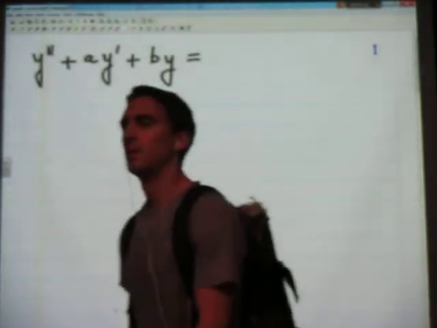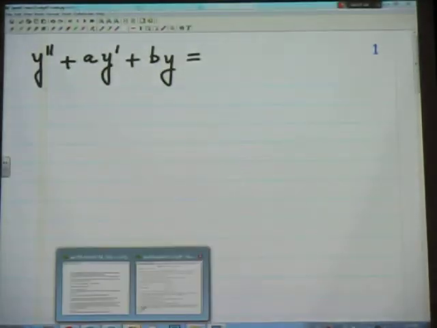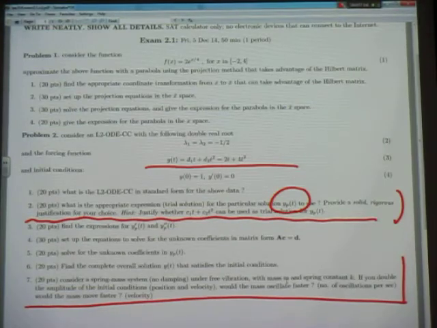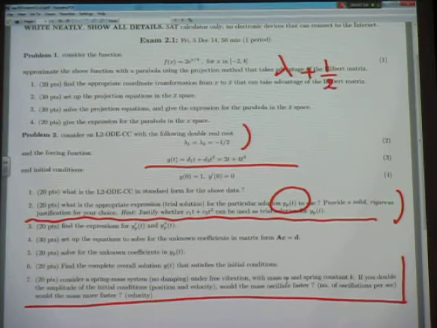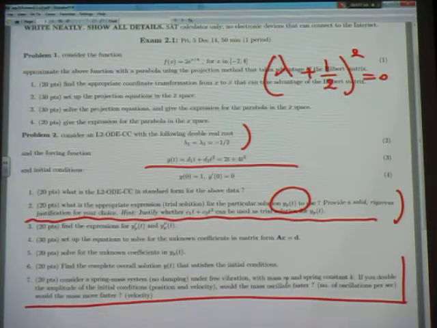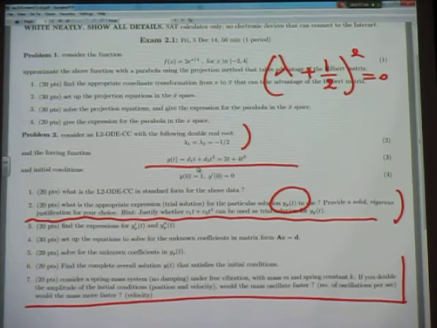In response to the previous questions, namely how to go from the double real root to the differential equation, I already showed that. It's very simple. It's just lambda plus 1/2 squared equal to 0, and then from there you obtain the differential equation. I did that before, so I'm not going to redo that here. Here I want to focus on the excitation and how to obtain the particular solution, right?